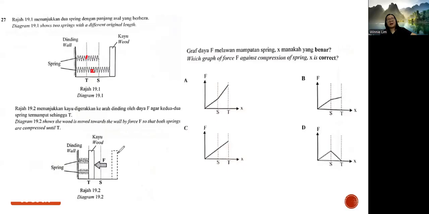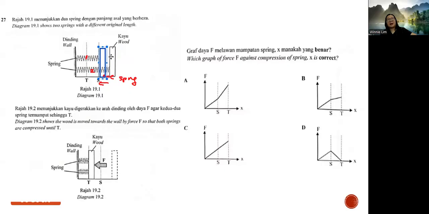Then they will compress the springs until they are at T. For your information, when you move to here, when they reach S, you are pushing only 1 spring. Correct? So imagine I compress to S first, the first step: only 1 spring involved.